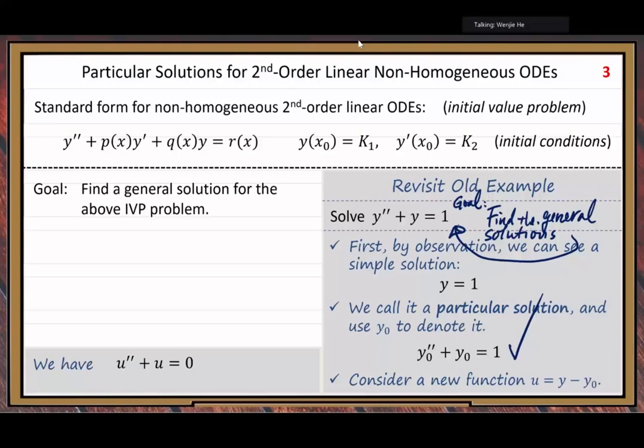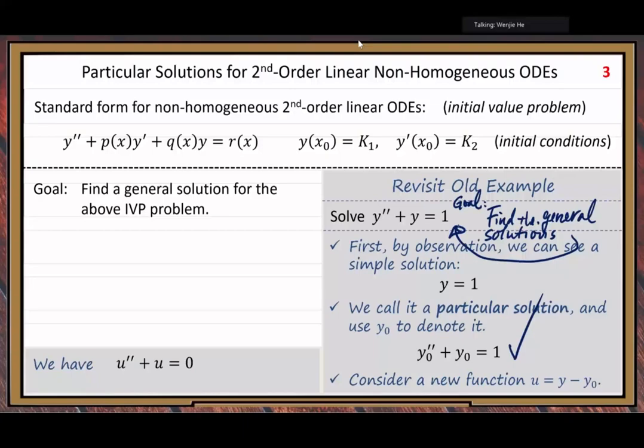See? From non-homogeneous to homogeneous, the only difference is you use a general solution to subtract a particular solution. Then you get a general solution for the homogeneous version of the original equation. This property is important.